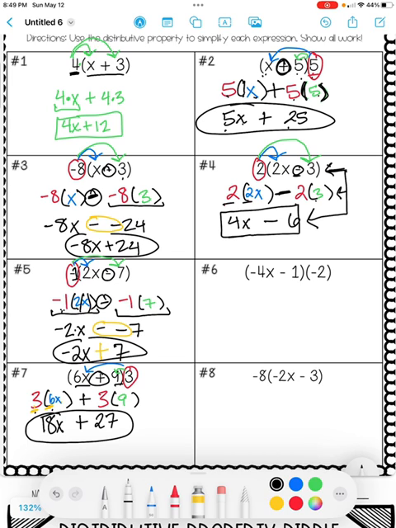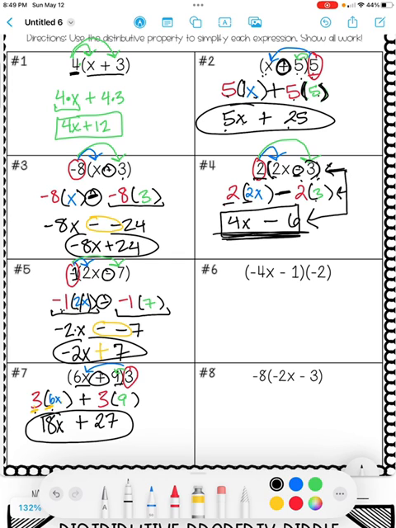These all three mean the same thing, but it might be easier to see something written like 4x minus 6 as opposed to 2 times the quantity of 2x minus 3. It also might be easier to communicate 4x minus 6 as opposed to communicating 2 times the quantity of 2x minus 3. So those are the reasons why we might use the distributive property.